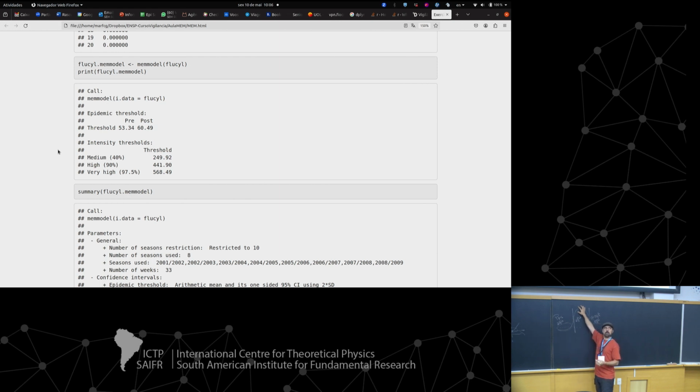In the same way that we defined the pre-epidemic thresholds based on those observations alone, now we build a distribution of all the observations that I have, regardless of whether they are from baseline, peak, or again, baseline.